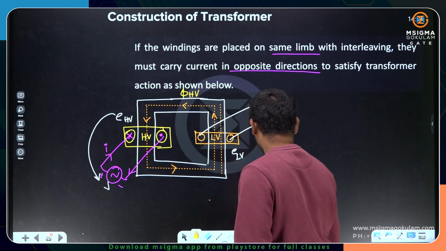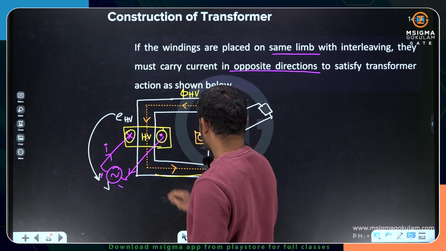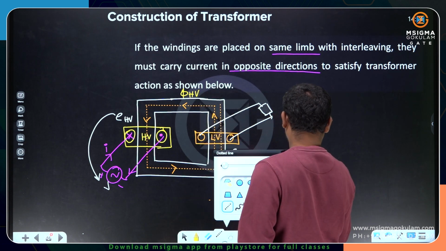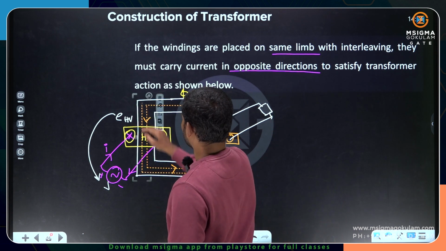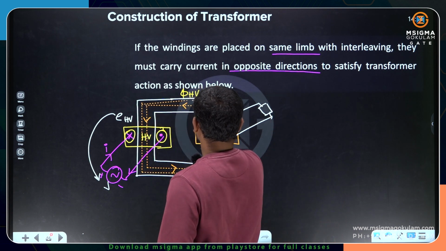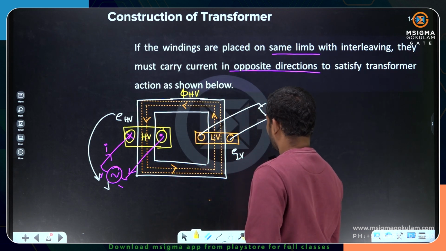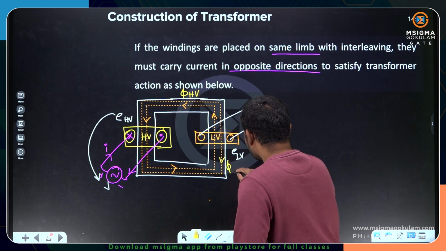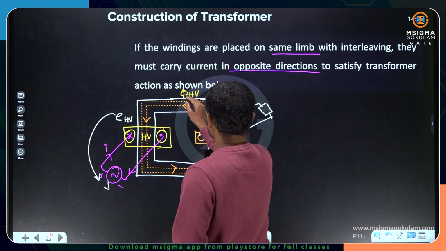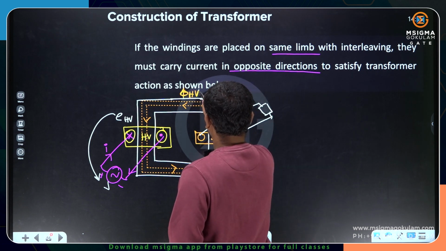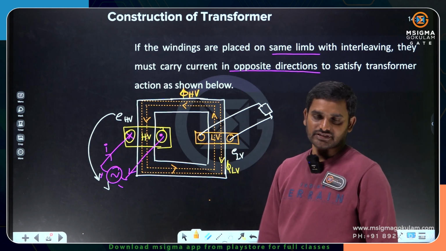I am using the same color, so don't take it in another way. You can use different colors if you want. So this is the phi LV direction. Phi HV direction is anti-clockwise and phi LV direction is clockwise. Quite opposite it has to be.